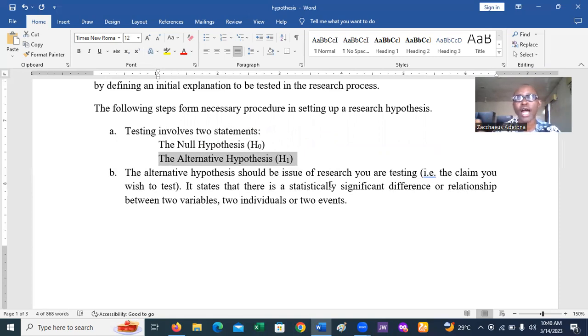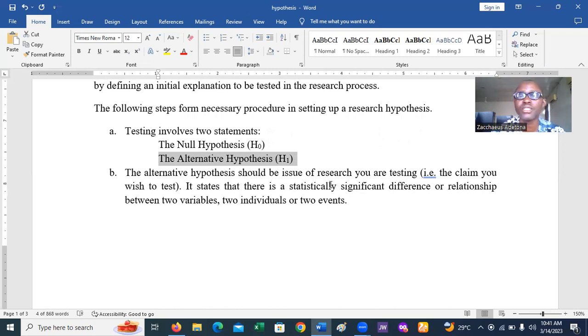That is, one has effect on the other, or one is dependent on the other. Now, the alternative hypothesis is represented as H1, and that should be what you believe should be taking place. Whereas the null hypothesis is the one that assumes there is no effect, no relationship between variables. One does not affect the other.